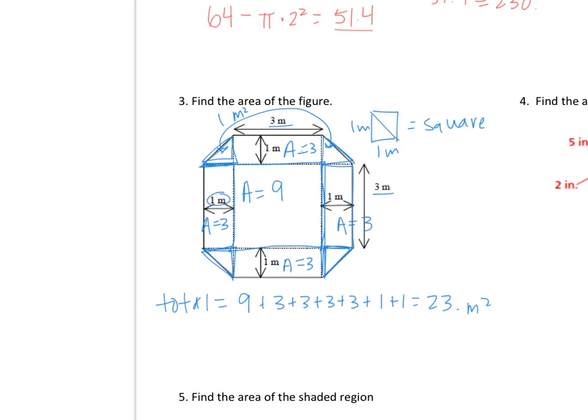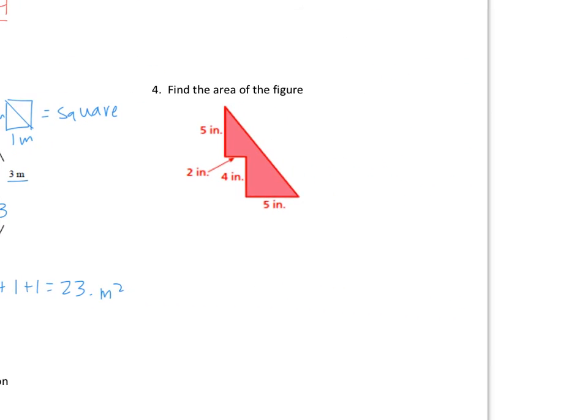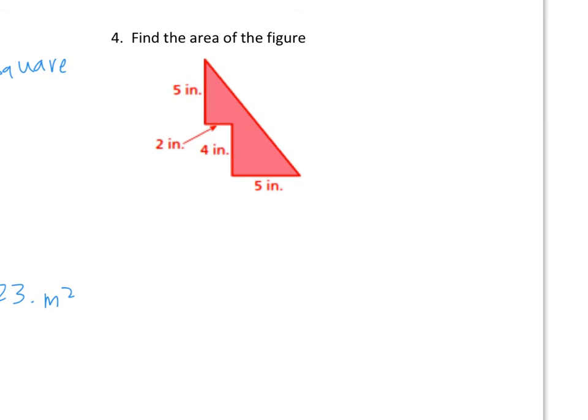All right, these last two I am not going to fully solve. I'm just going to help you get set up, and you can solve on your own. All right, so this next one here. This could be a triangle if we filled in this missing rectangle. So this rectangle has a base of 2 and a side of 4.